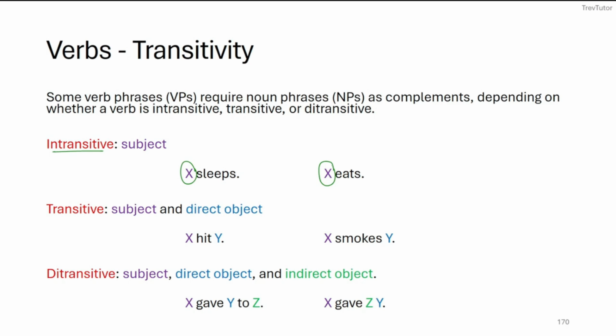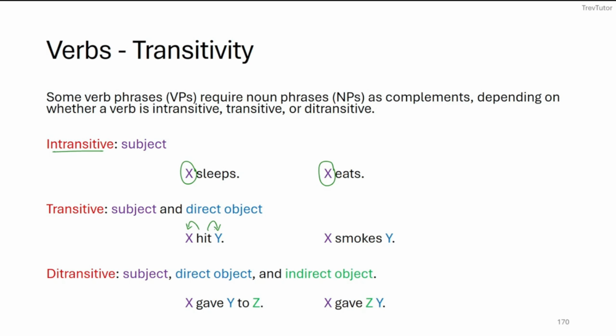When we have transitive verbs, these take subjects and direct objects, and some verbs can be both transitive and intransitive. So two examples here would be X hit Y, where X is the subject and Y is the direct object. So X is the hitter and Y is the thing being hit. And we could say like Trevor hits, although to me it's a little weird, so maybe not.